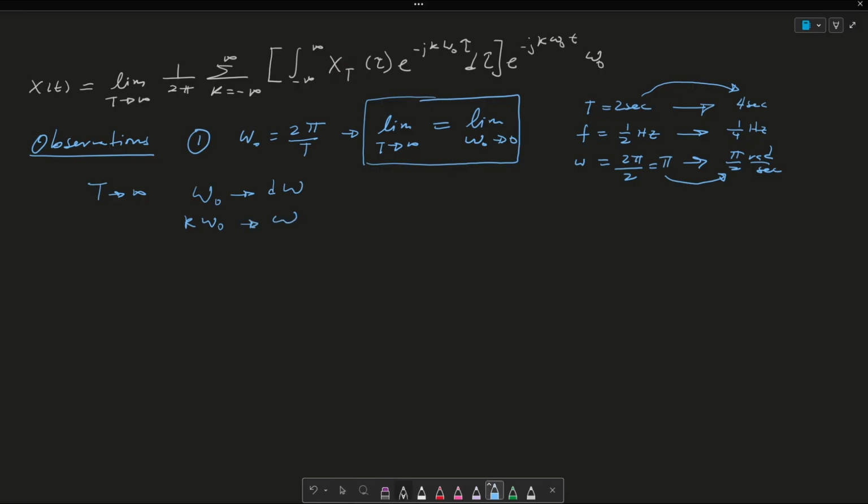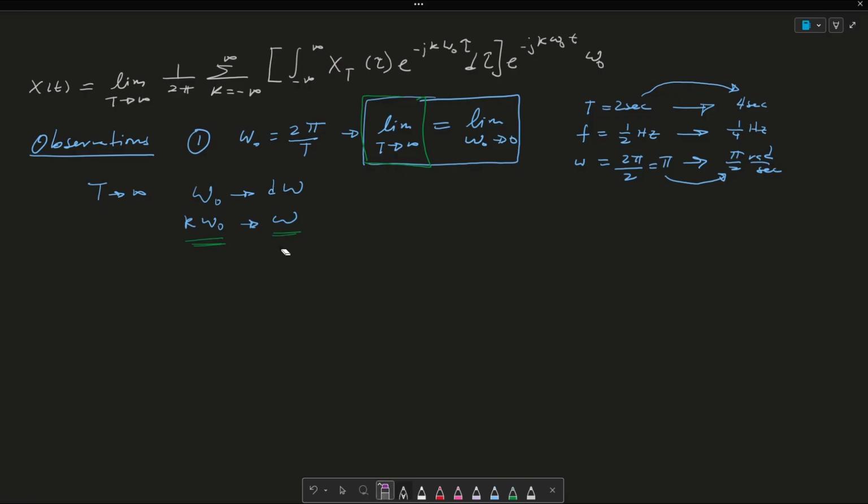So it just becomes omega. So for my first observation, as we take the limit as t goes to infinity, omega naught, or my frequency spacing, becomes this very small delta omega, and my discrete frequencies k of omega naught simply become a continuous frequency omega.